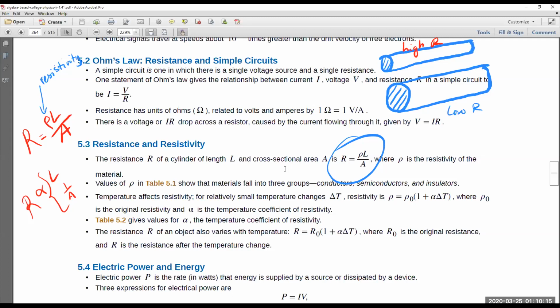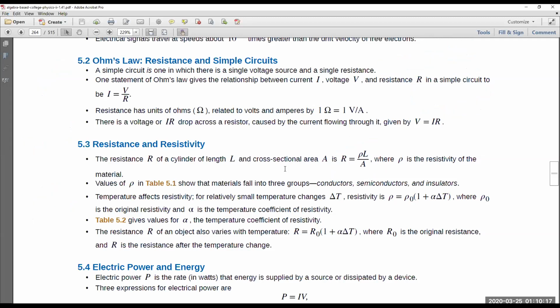One could even expand this further to say that since R is proportional to 1 over A, but A is equal to pi r squared, then you could say R is proportional to 1 over r squared. So you could determine the resistance just by adjusting the radius of the wire.